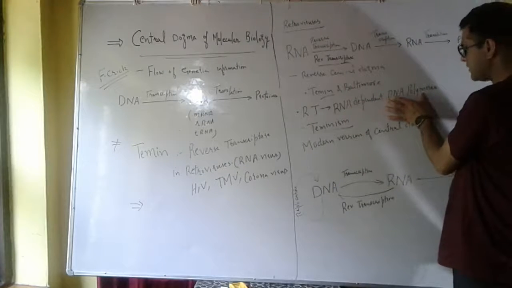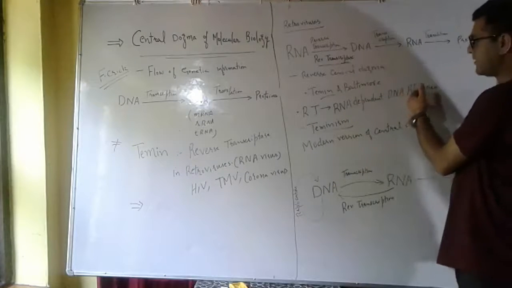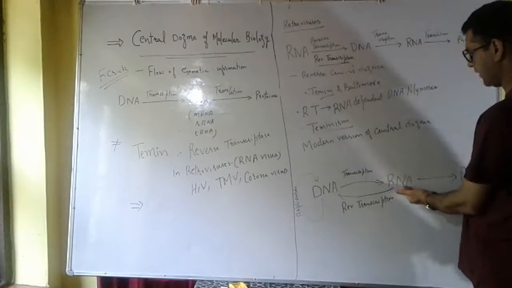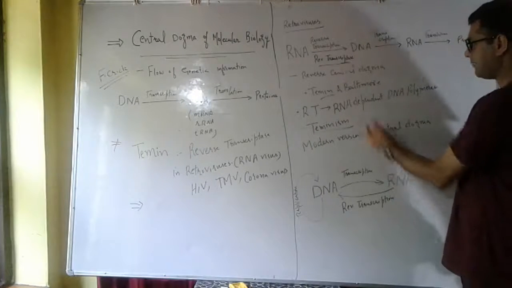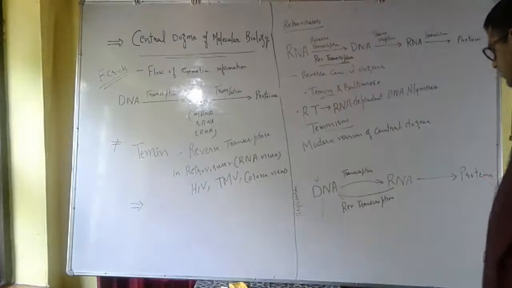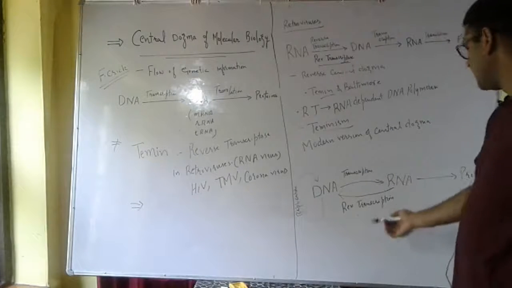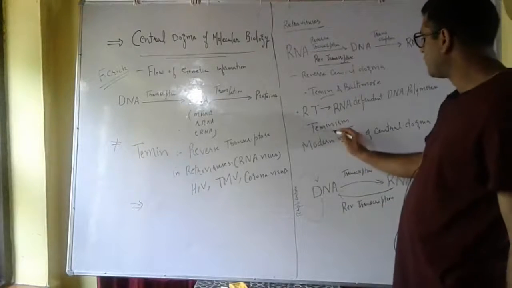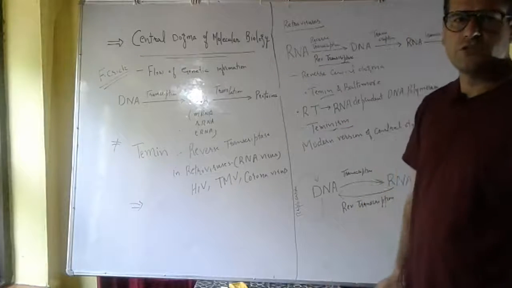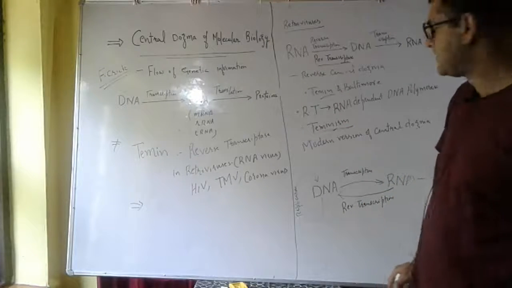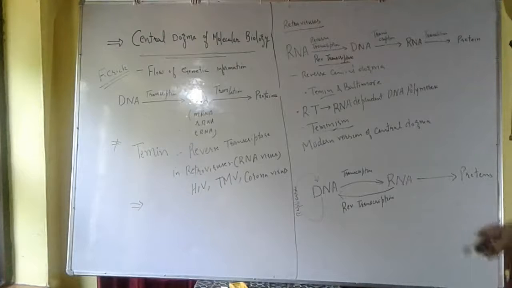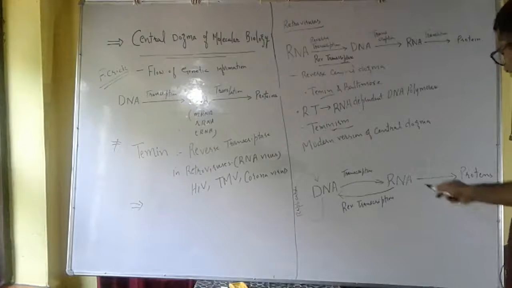As we have to synthesize DNA, it is DNA polymerase, but it depends upon the RNA. This reverse transcription is also known as Teminism, as it was first described by Temin.